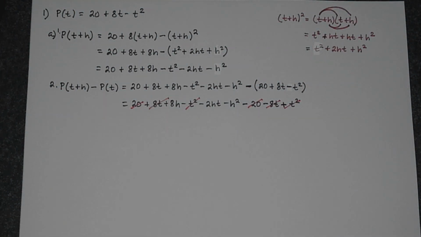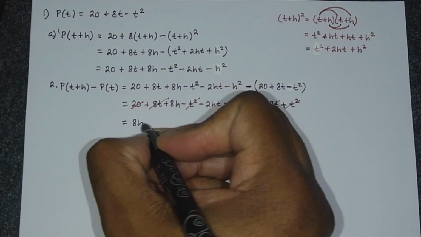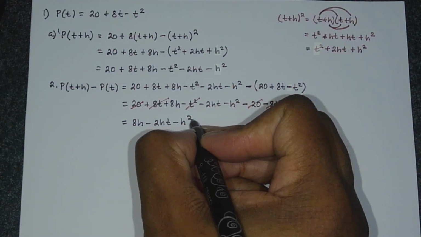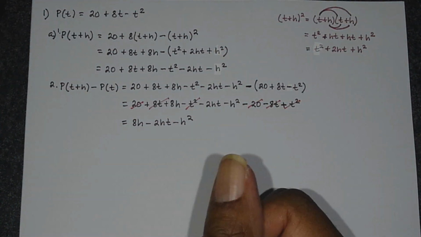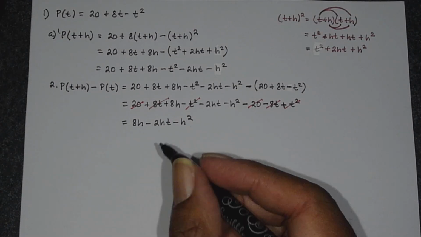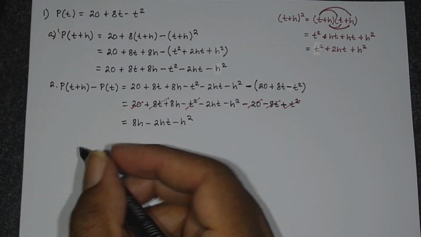There should be nothing left but terms that have an H in them. So in this case, I have 8H minus 2HT minus H squared. So that's step number 2 right there.